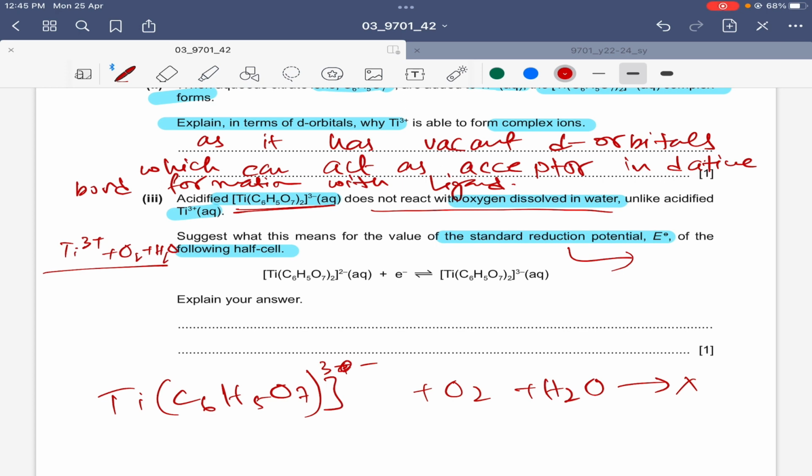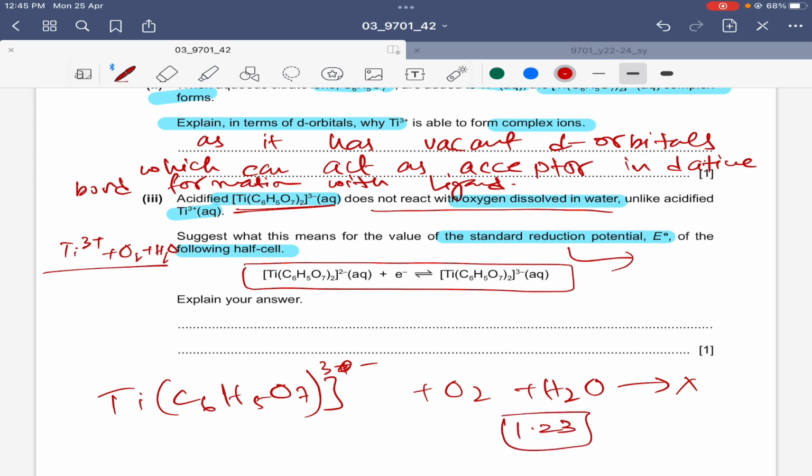So based on this information, what can be deduced about the value of reduction potential for this half cell? The value of the reduction potential of oxygen half cell was 1.23, and oxygen was acting as an oxidizing agent, means itself it is being reduced. So for a half cell to be reduced, it must have a higher or a more positive E0 value. And if this complex is not being oxidized by oxygen half cell, that means it has a more positive reduction potential value than the oxygen half cell.